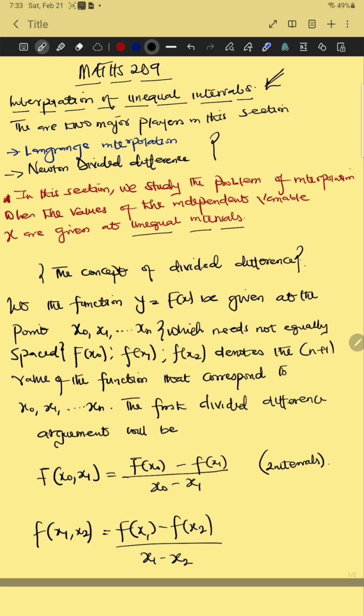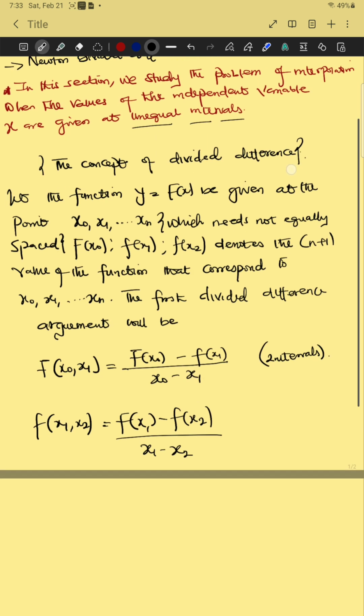The first key player we want to look at here is the Newton divided differences. We said if the function y is equal to f of x is given at the points x0, x1, as we approach xn, we need not equally space them.